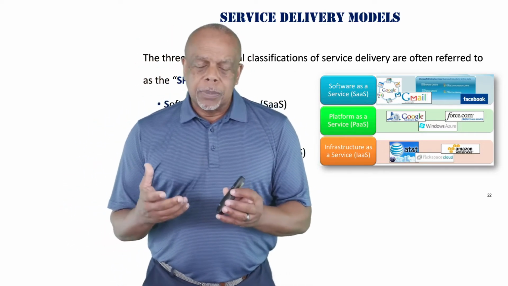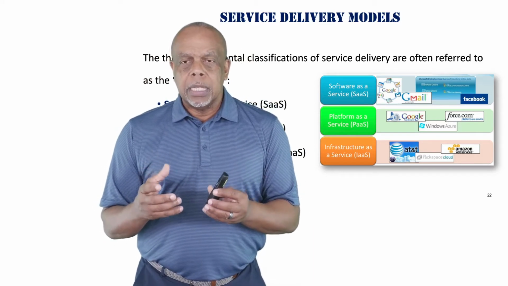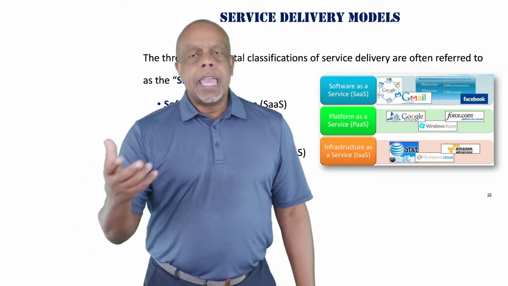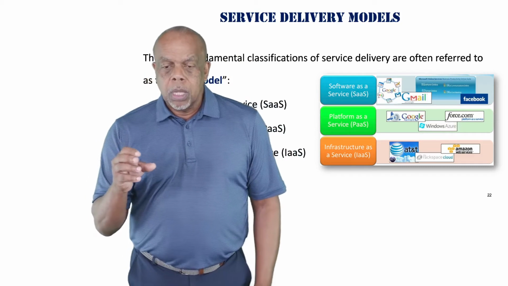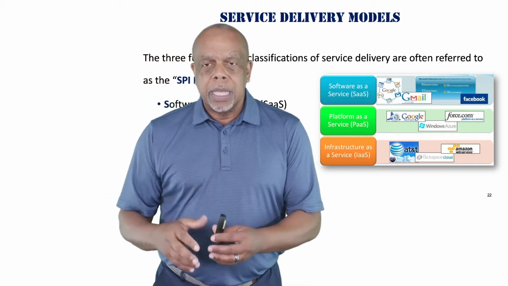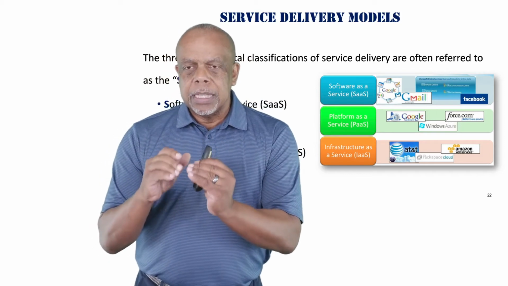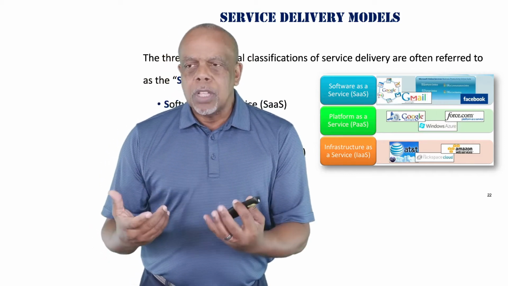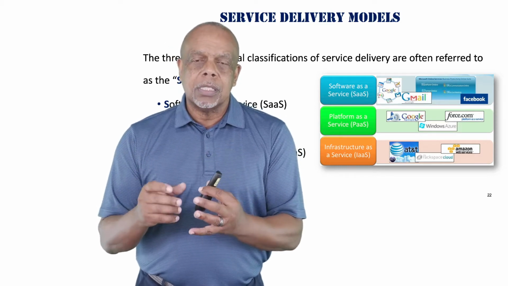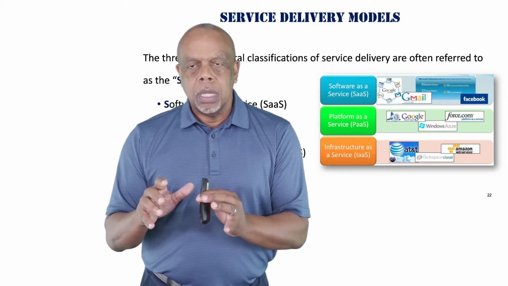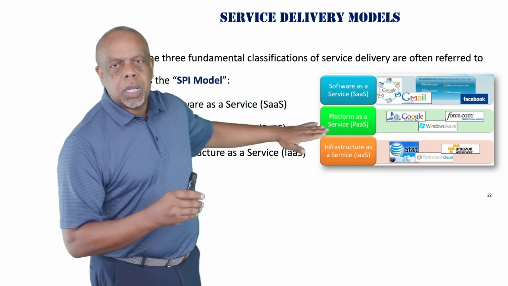So for them to develop that software, they can get a software development toolkit from, I mean, from Android, from Google, to where they go onto a website and develop it right there within that operating system. So they don't have to own it, but they can still have access to an operating system to do that development work. Okay, so that's the platform. You want to have a platform.